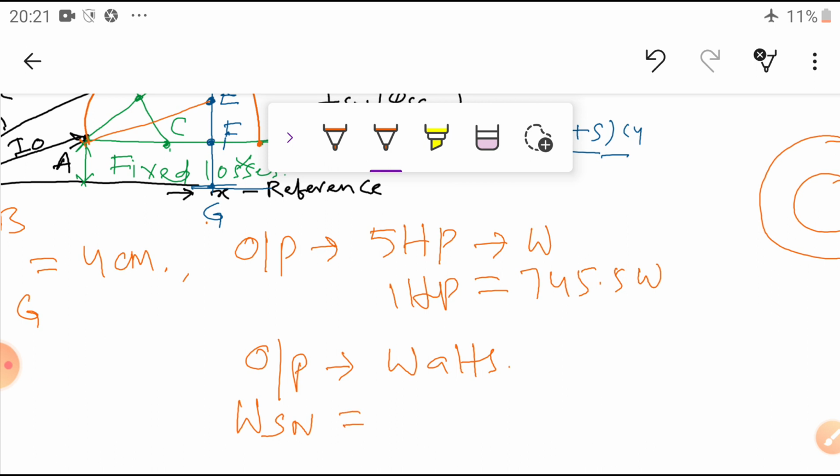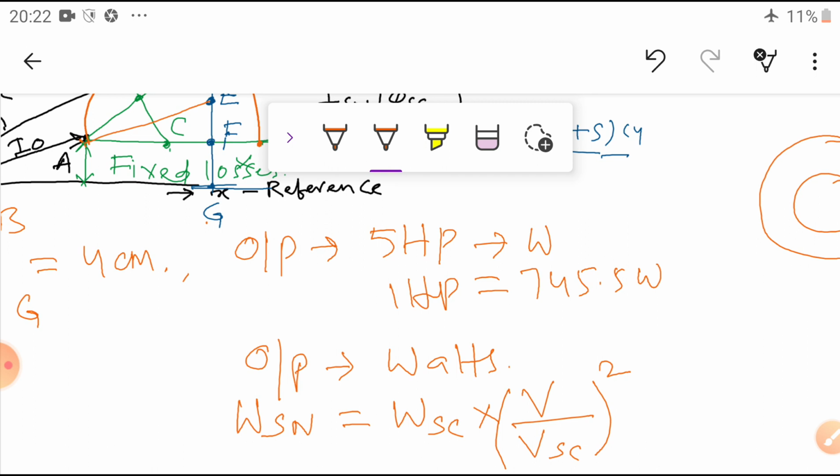Its value is equal to WSC, the wattmeter reading, into normal voltage divided by short circuit voltage, whole squared. Based on this, we get the power consumed if the rated voltage is applied to the motor under the blocked rotor test.